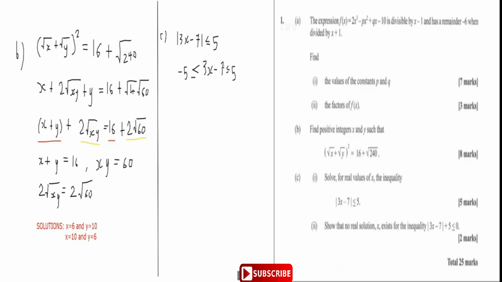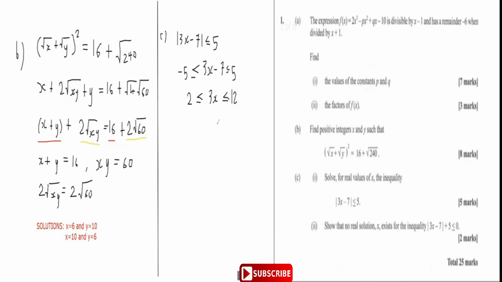We can then add 7 to both sides to get that 3x is going to be less than or equal to, adding 7 to this side, 12. Adding 7 to this side, 7 minus 5 is 2.